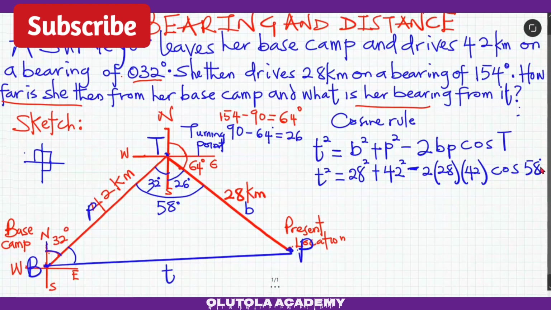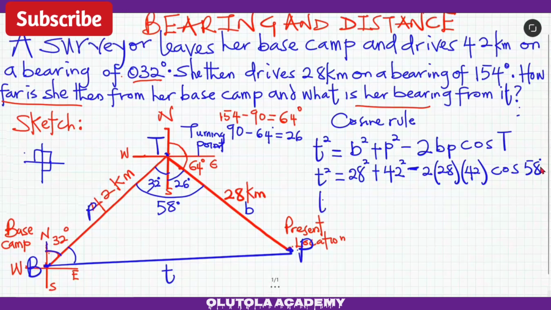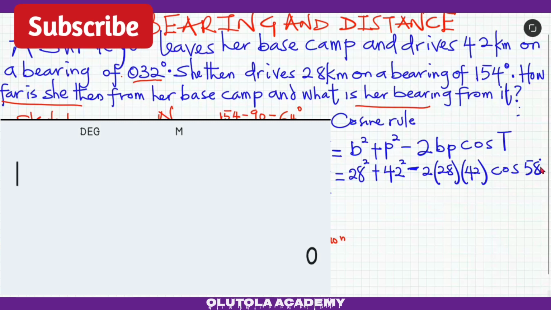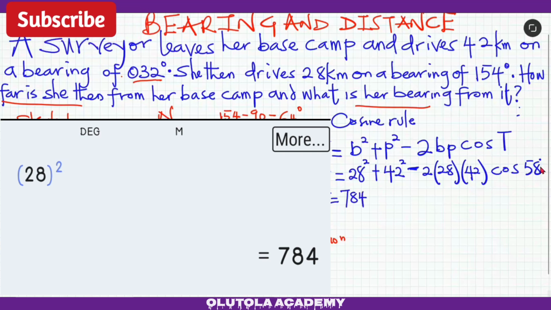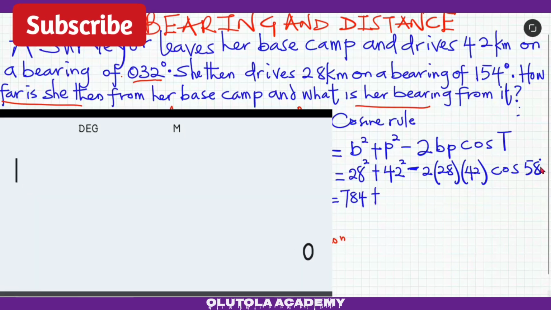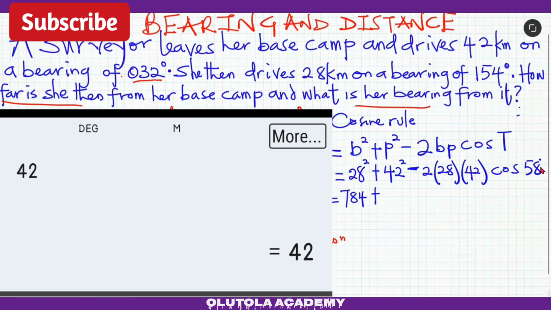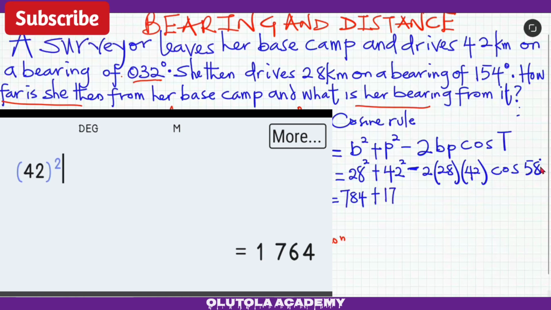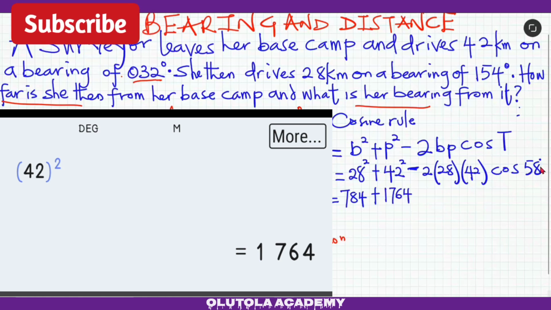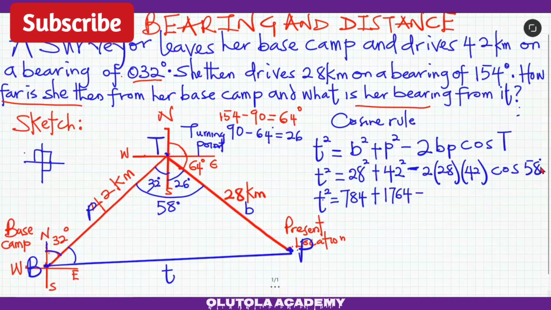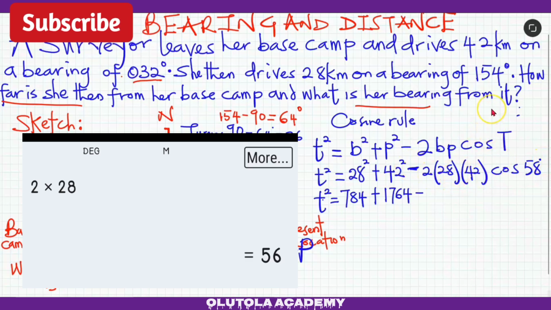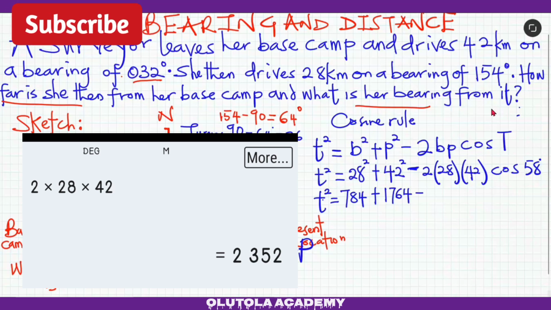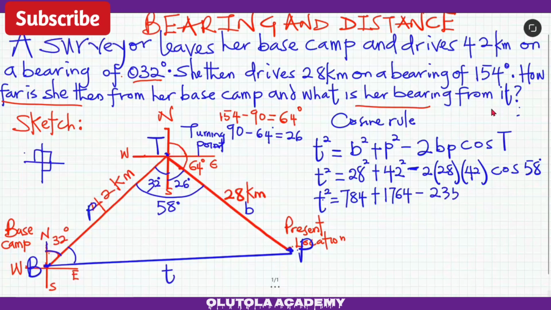the calculator will help us in this here now. T square, that's 28 square, will give me from my calculator 784, plus 42 square will give 1764, minus 2 times 28 times 42. 2 times 28 times 42 will give 2352.